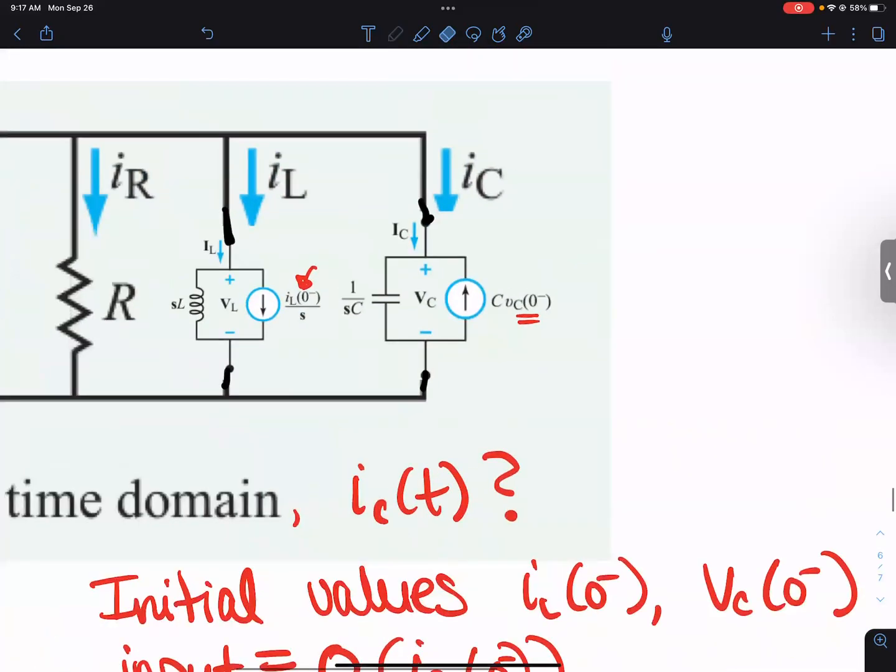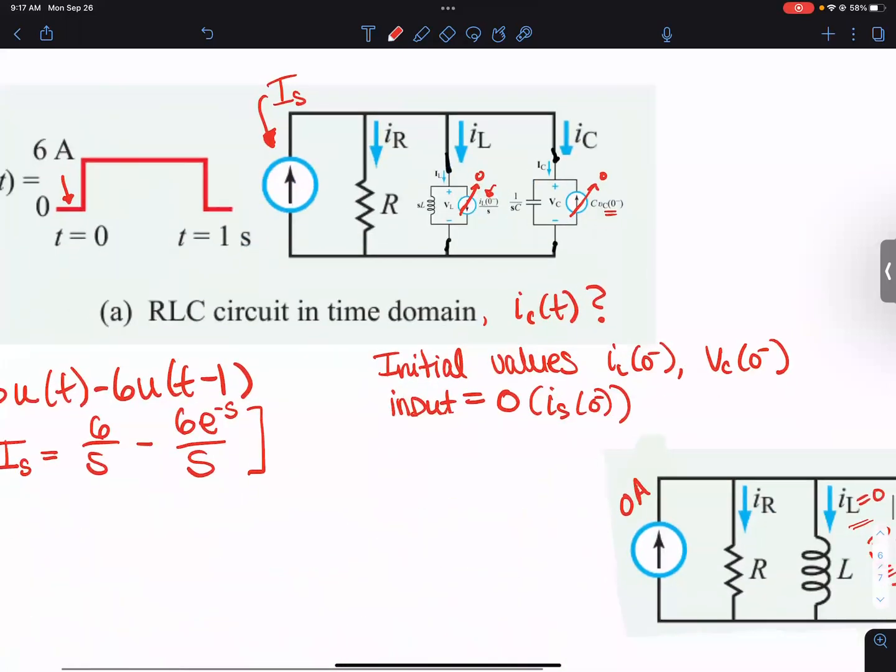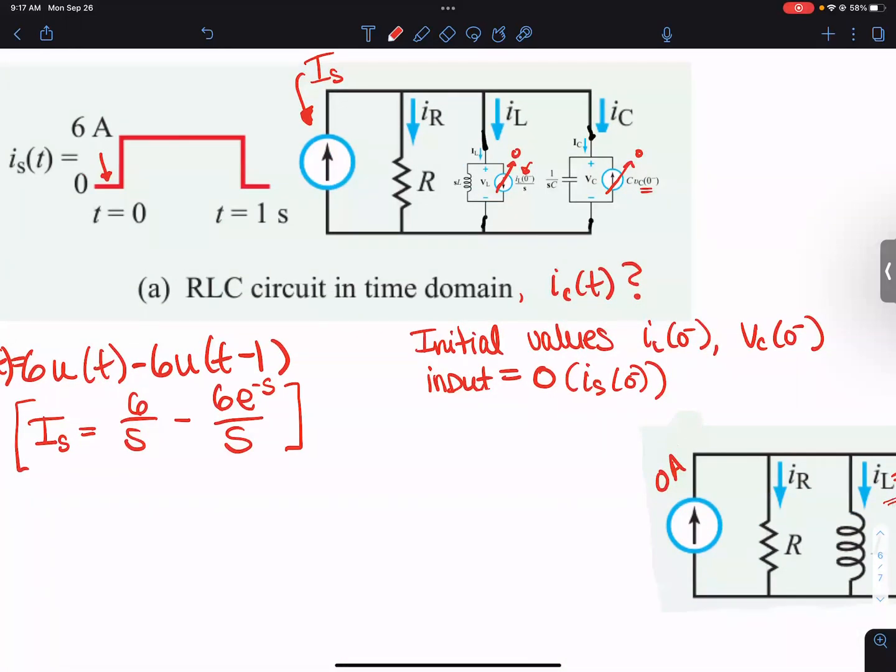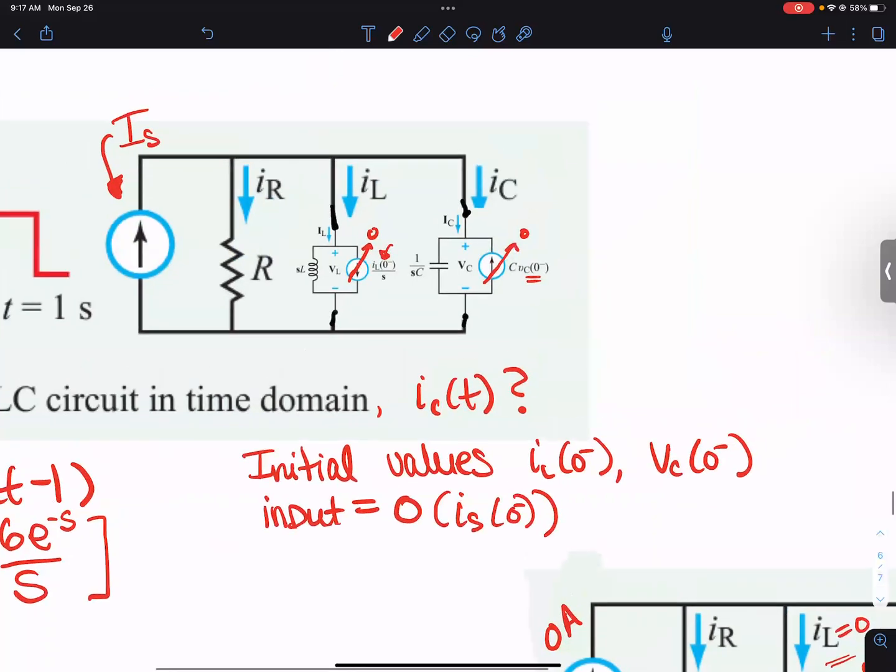If both those are 0, I see. What do I notice about that circuit here?